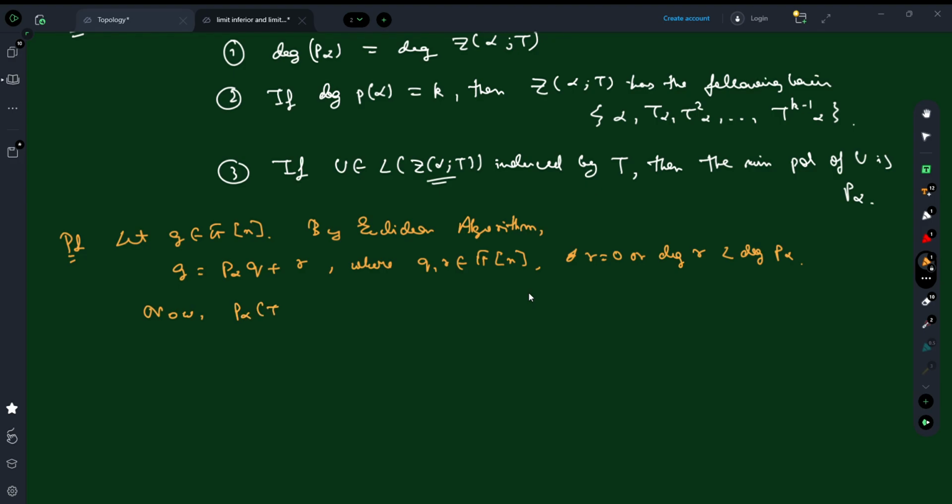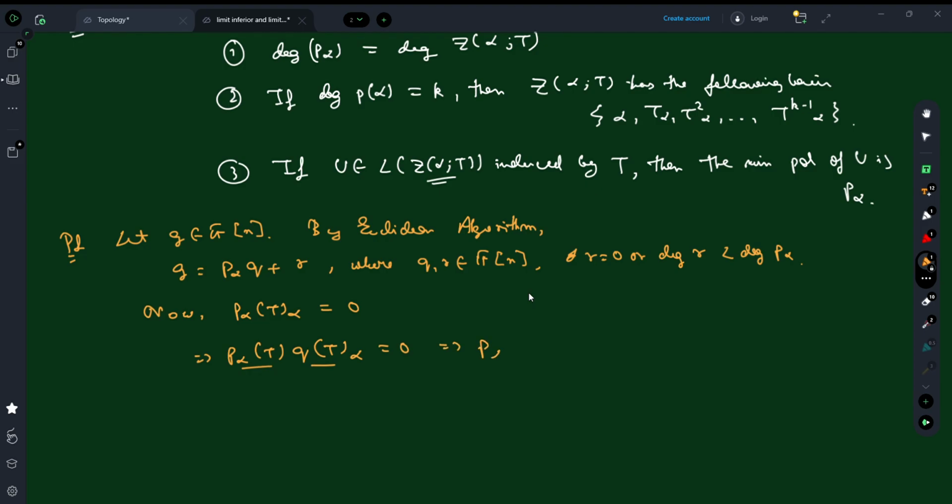Now, P alpha(T) of alpha is equal to 0 by definition. That implies P alpha(T) times this polynomial Q(T) of alpha will also be 0, because both are polynomials in T, so they will eventually commute. If they commute, then we will get Q(T) times P alpha(T) of alpha, which will obviously be 0.